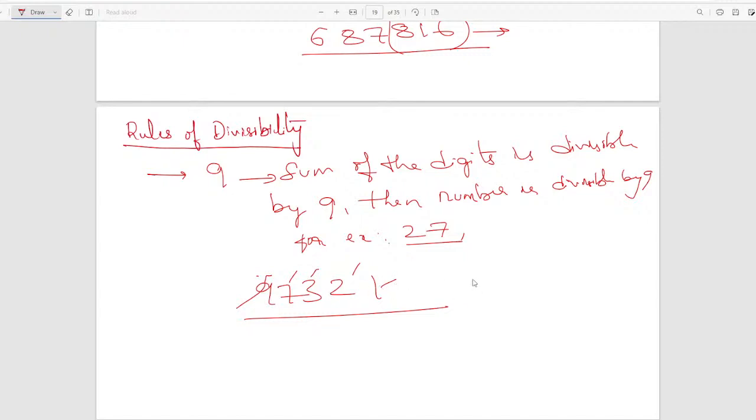So 3 plus 1 is 4. So the remainder would be 4 when this number is divided by 9. So this number is clearly not divisible by 9.